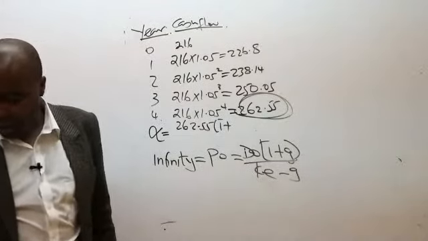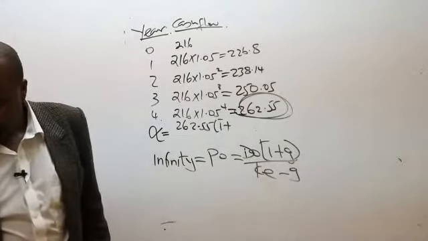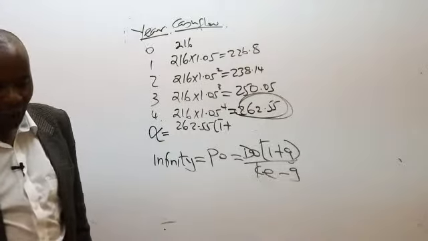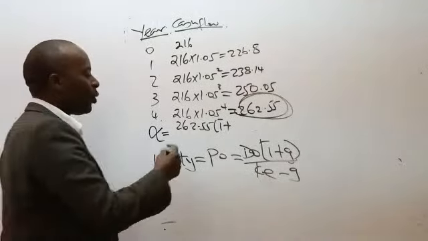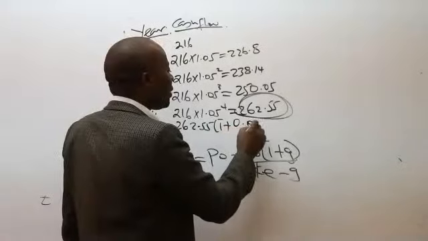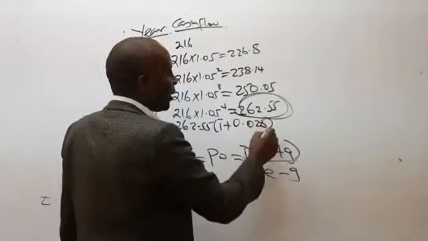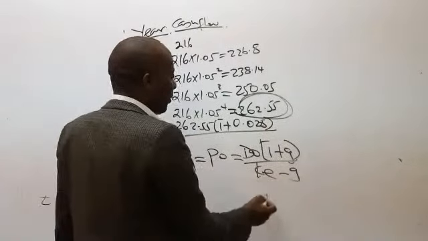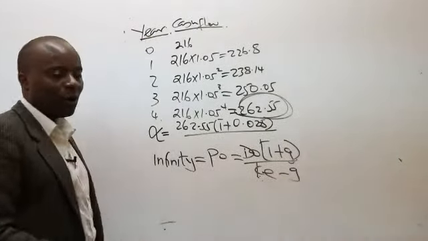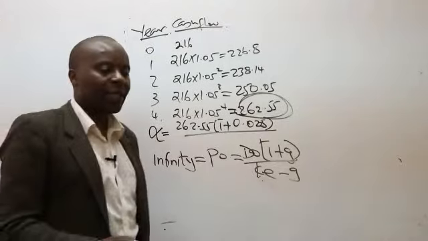The perpetual growth rate, it is 2.25, isn't it? So I say 0.025225, right? All over Ke minus g.